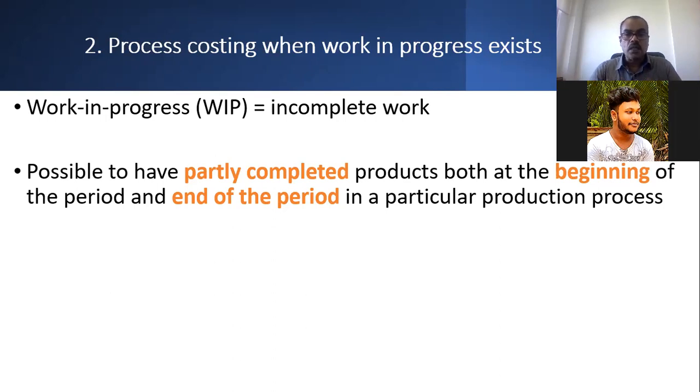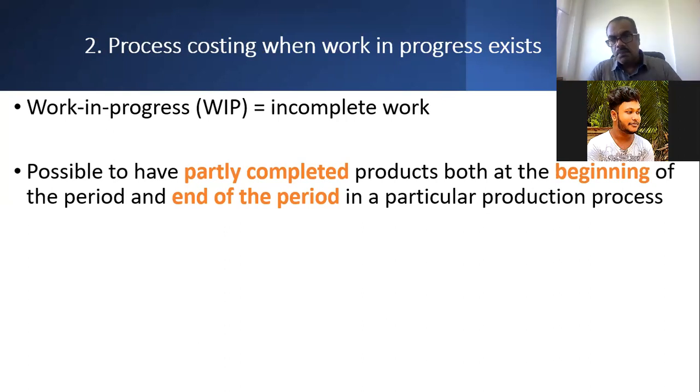Of them, some of the items could be partly completed, at different percentages. Some products may be 10%, 1%, likewise. When we take a particular product, the cost elements would be material, labor, and overheads. So it is a complicated situation. Practically, it is complicated.